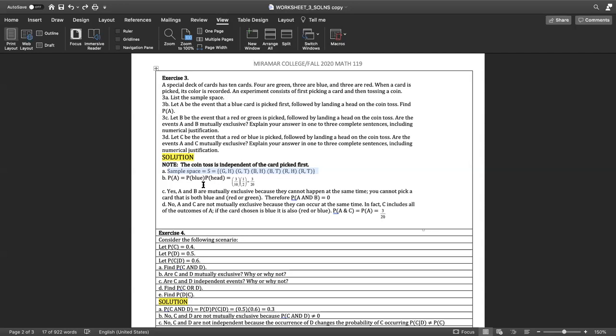Any ideas on that one? We're saying that the probability of a heads is a half, okay? Any ideas? Does the card affect the probability of the heads? No. No, it doesn't.